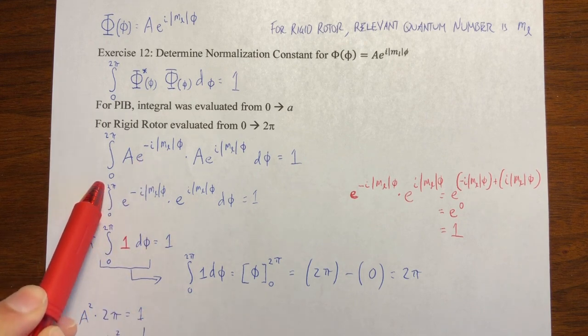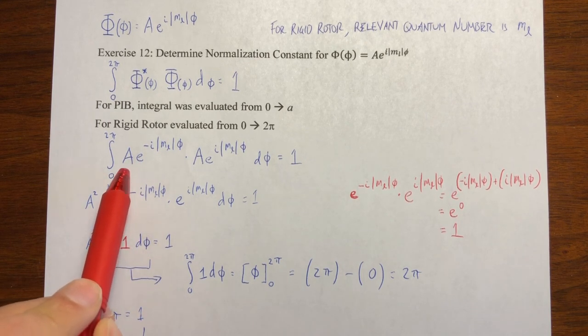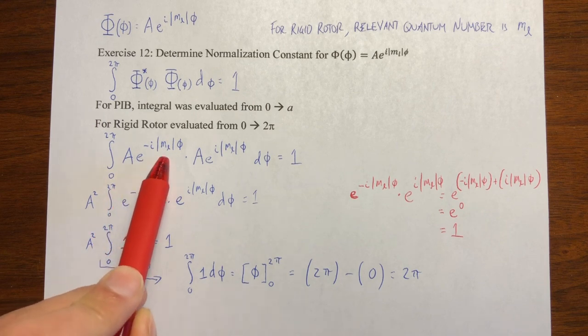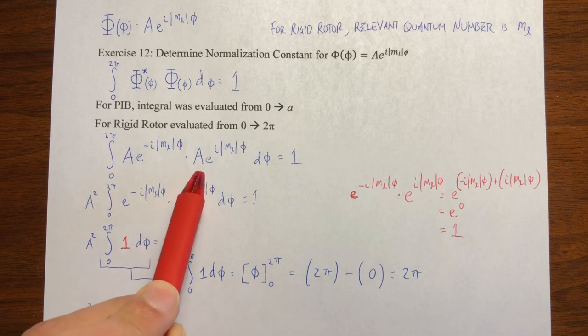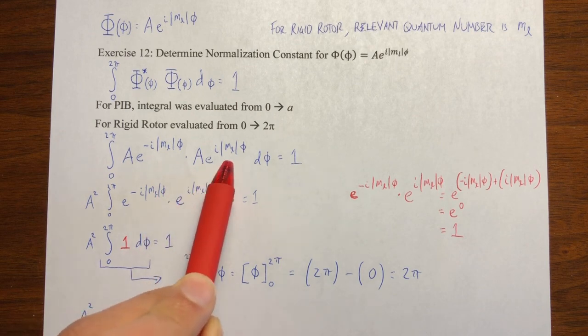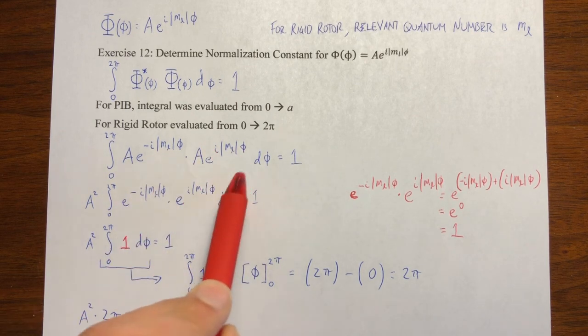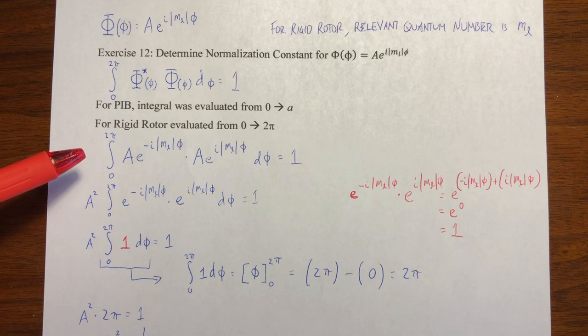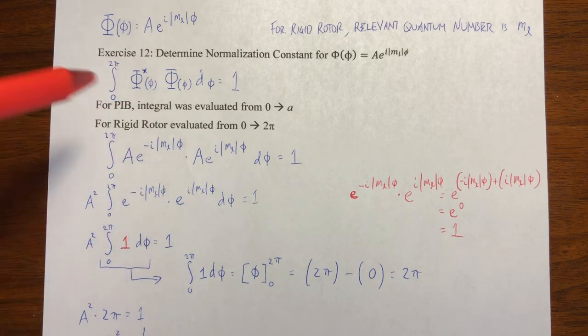We integrate from 0 to 2 pi, A times e raised to the negative i m sub l phi, times A times e raised to the i m sub l phi. And when we integrate from 0 to 2 pi, this has got to be equal to 1, meaning that we have a 100% chance of finding the particle between 0 and 2 pi in a circle in 2 dimensions.